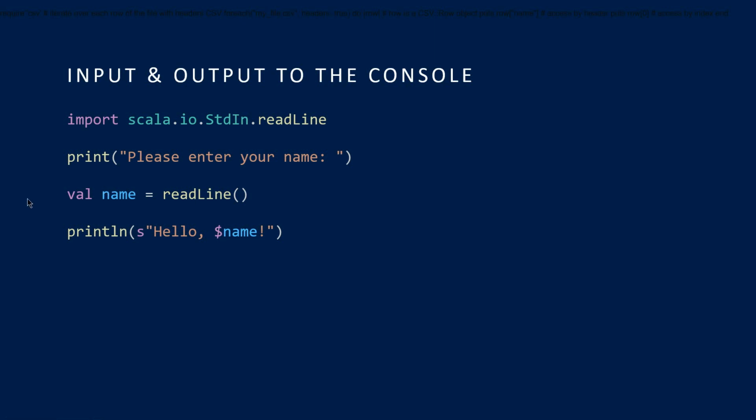In this one, it's rather like other languages where it's just going to wait at the end of the line, whereas this one's doing a new line return. So yeah, it's going to sit there. I type in whatever it is, my name, and then it's just going to print hello and my name.